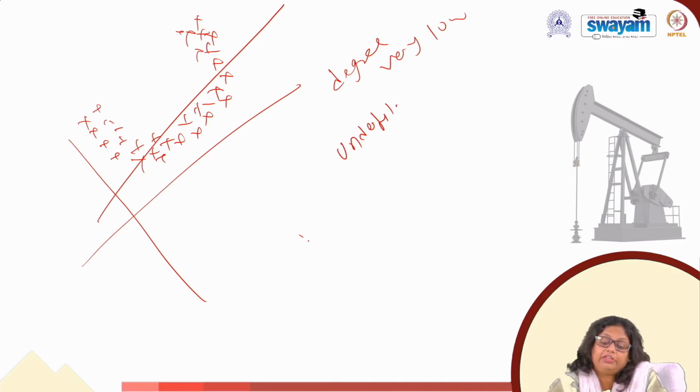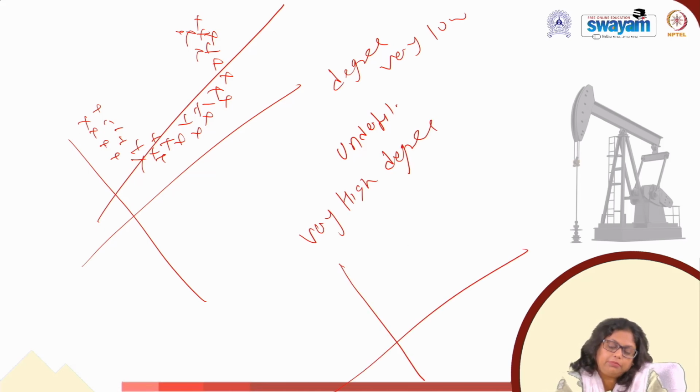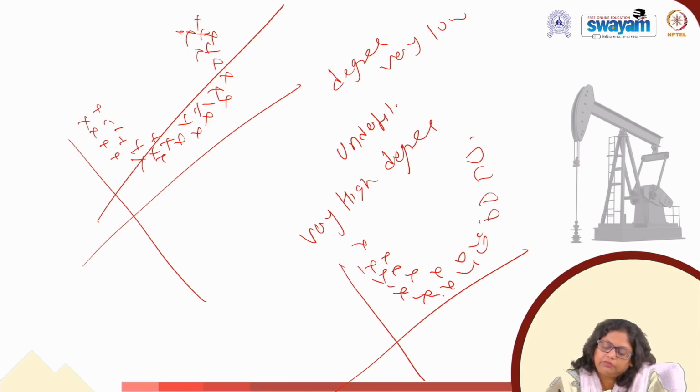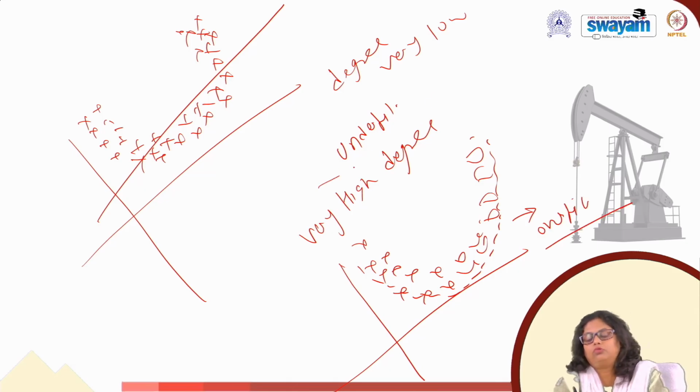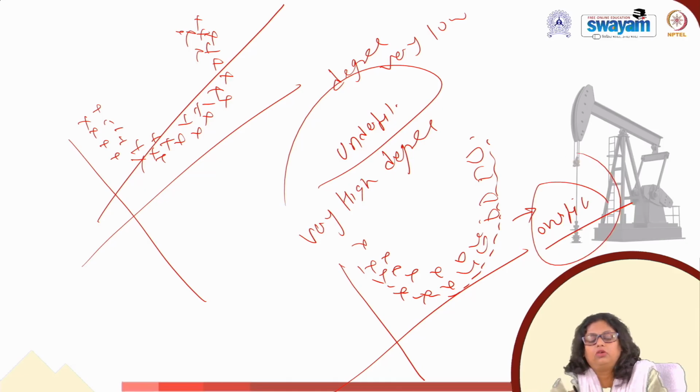If I have a very high degree, the curve fits all the data points exactly, which is overfitting. We have to avoid this situation: it should not be underfit and it should not be overfit. We should take the optimal degree in polynomial regression.